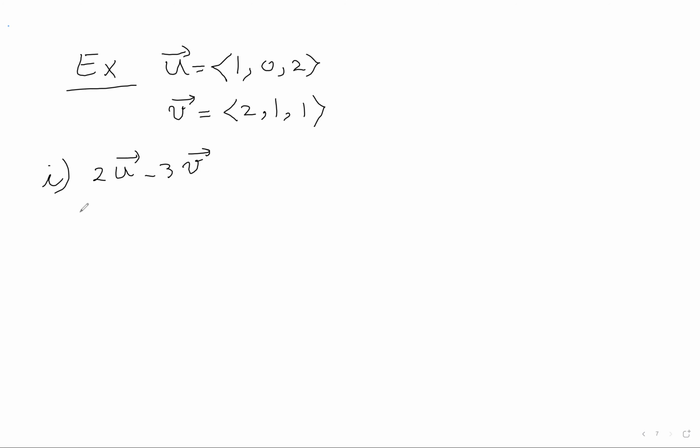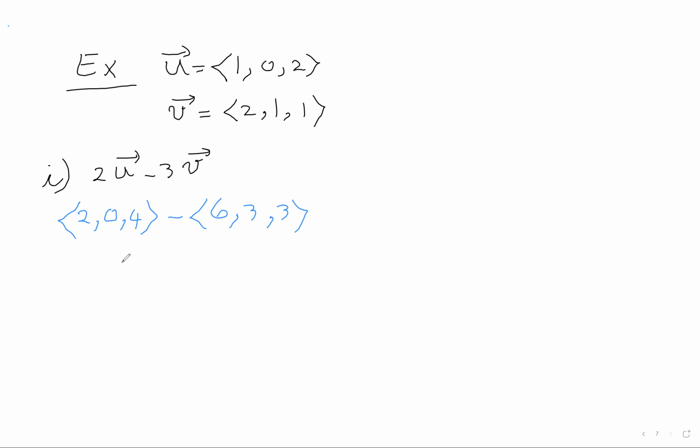So 2 times U means I multiply 2 by all the components of U. 2 times 1 is 2, 2 times 0 is 0, 2 times 2 is 4. Minus 3V: I multiply 3 by all the components or coordinates of V. 3 times 2 is 6, 3 times 1 is 3, 3 times 1 is 3.